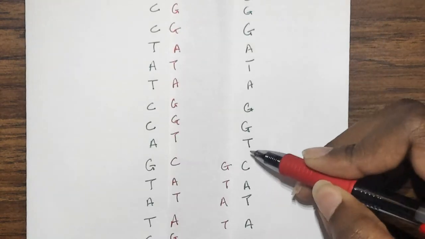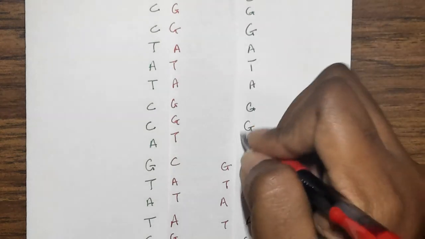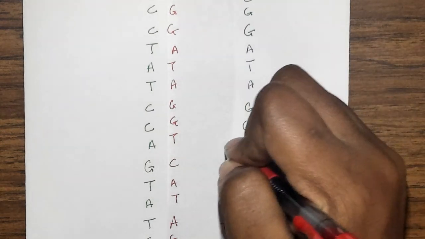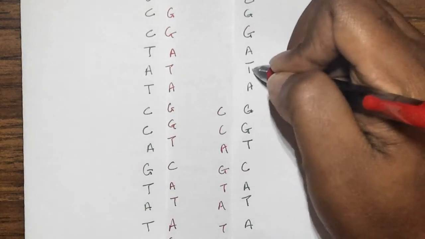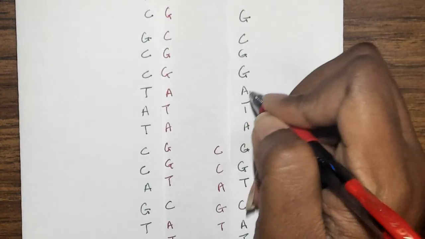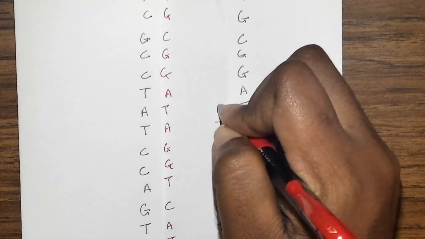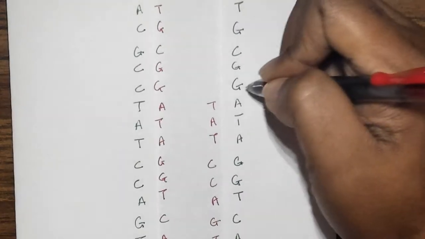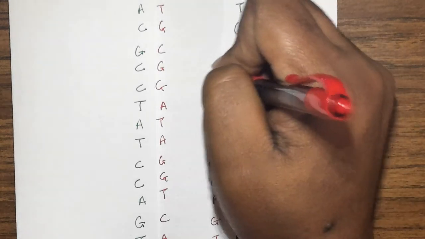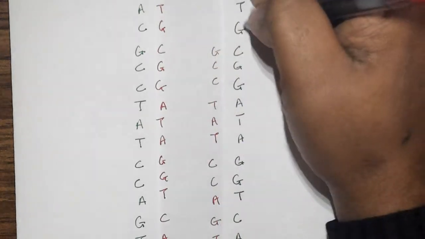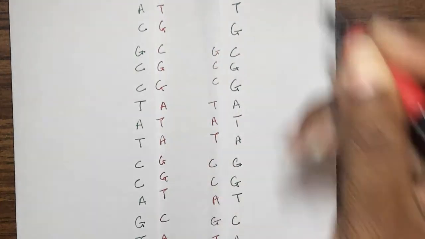All right, and then for TGG, the complement is, I hear one person. For ATA, the complement is TAT. For GGC, the complement is, and for GTA, the complement is.